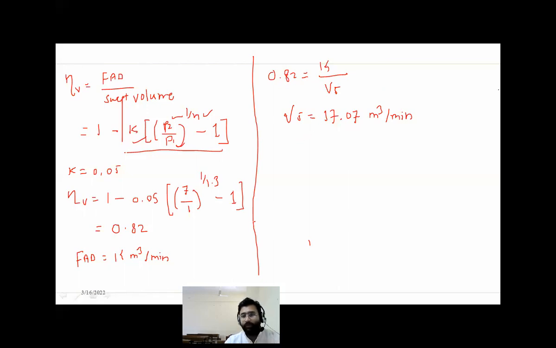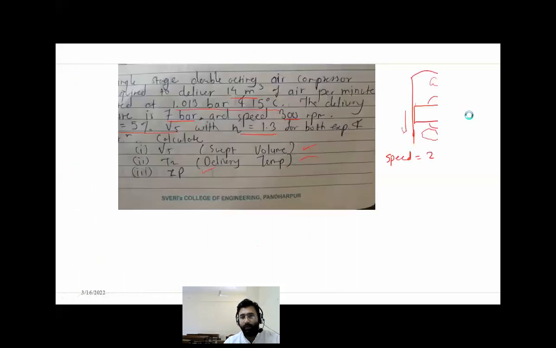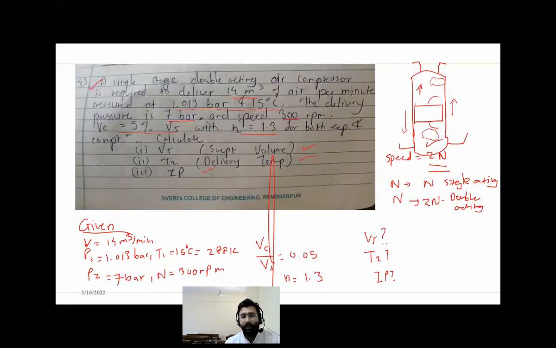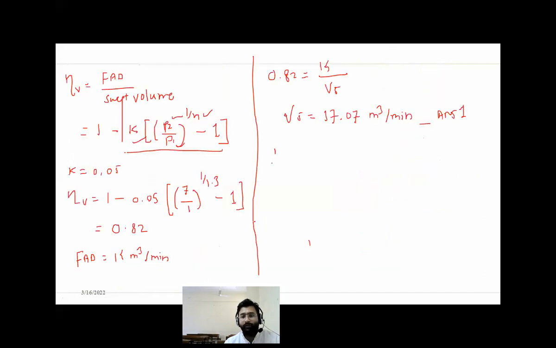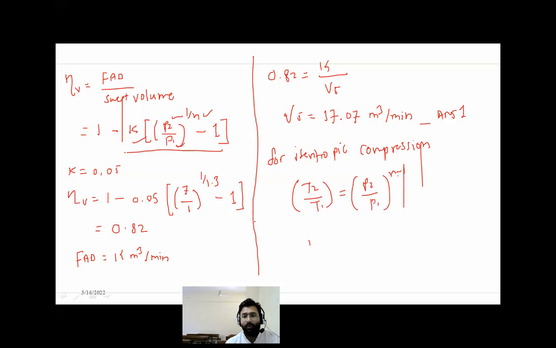Right. So this is answer number 1. They have asked to calculate VS. Next we have to calculate T2. How to calculate T2? For isentropic compression, we know the relation between temperatures. T2 by T1 is equal to P2 by P1 raised to n minus 1 upon n.